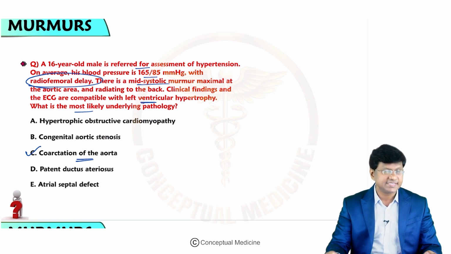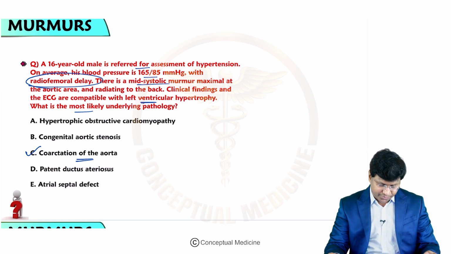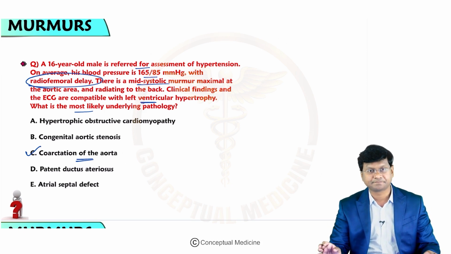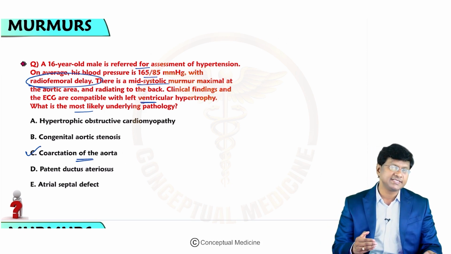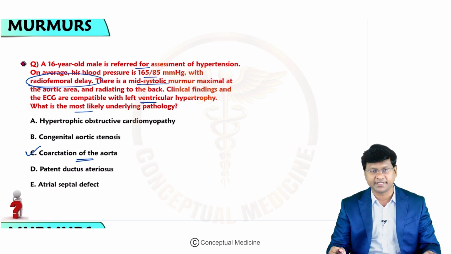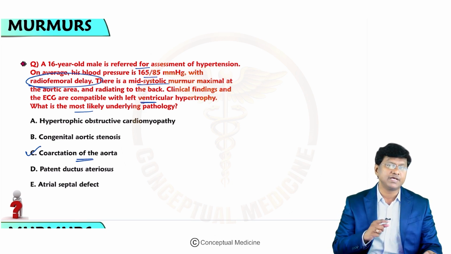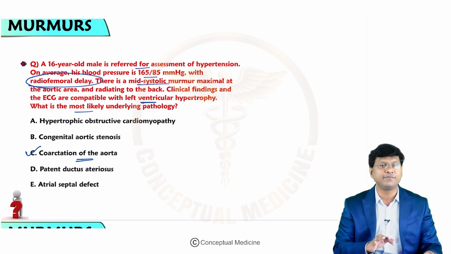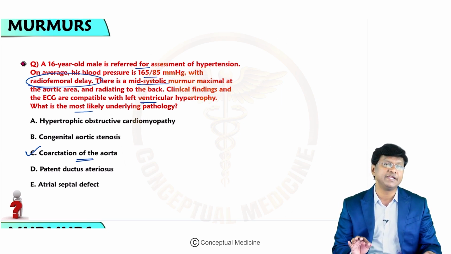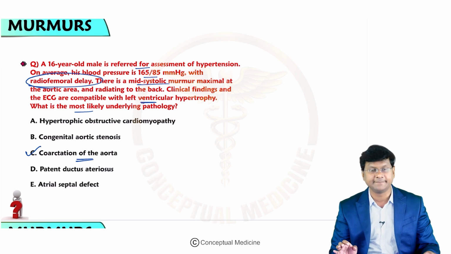Right? So, this is about a clinical scenario related to your coarctation of aorta, where you have the presence of the radiofemoral delay. Okay? And why is this radiofemoral delay? Because the coarctation, most commonly, is present distal to the left subclavian artery. So, the blood flow to the upper limbs will be adequate, but blood flow to the lower limbs will be reduced. And that is the one which makes the individual to have a radiofemoral delay.